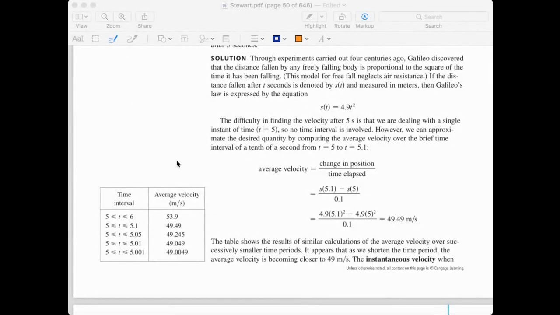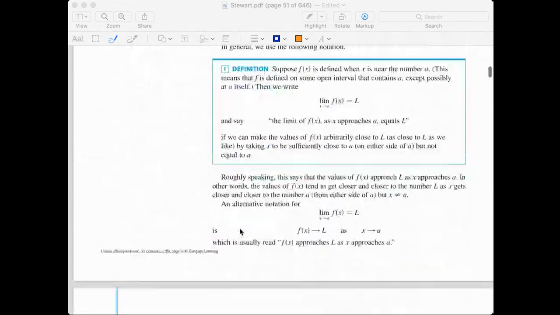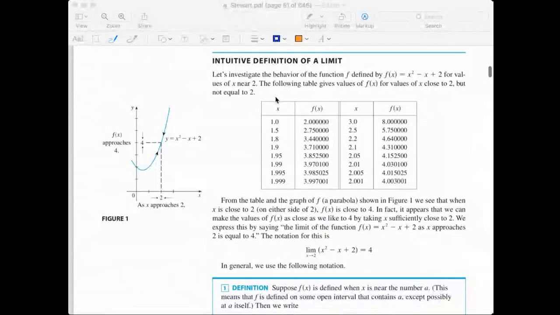We can use this table of values, right? If we want to talk about what happens at, I don't want to use this example. This is basically, you assign x a value approaching 2. You go from 1.0, 1.5, 1.8, approaching 2 to see what happens with the function value, right?